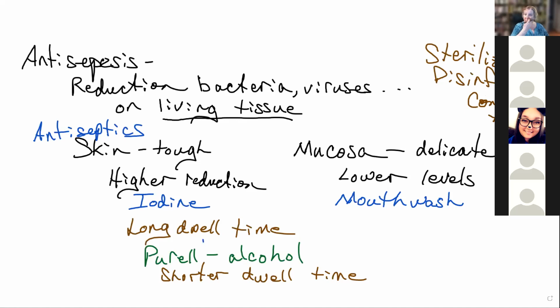It's how long you have the chemical in contact with what you're trying to control the microbes on. Okay, I have a thought and it just left my brain. For sterilizers, say with an autoclave, it's how long you run it. So yes, contact time and dwell time are both very, very important.